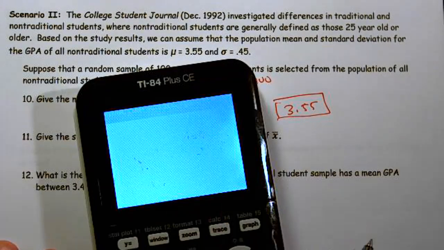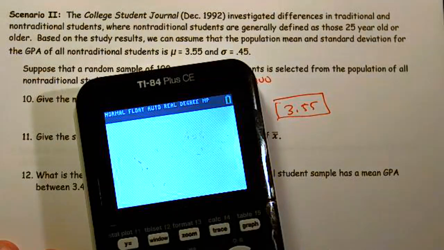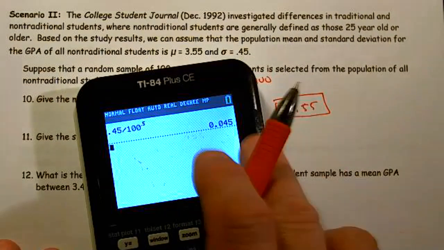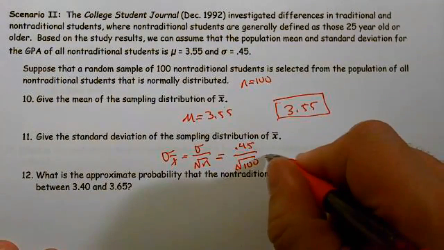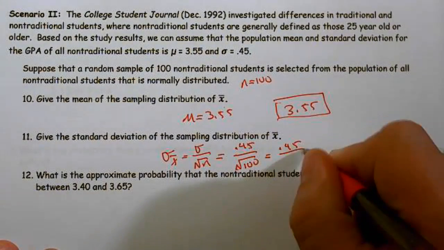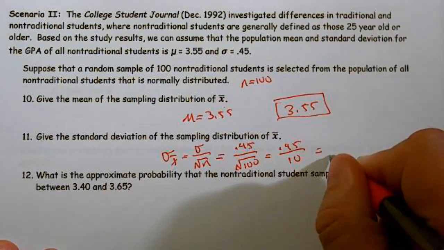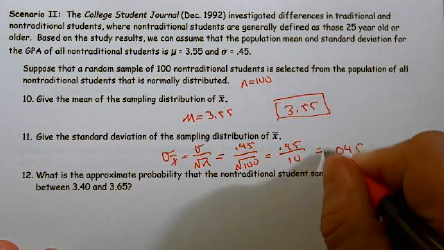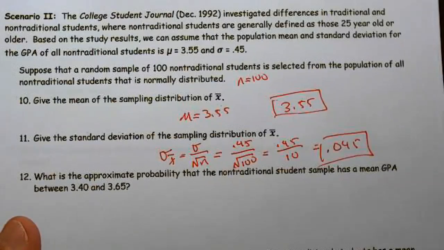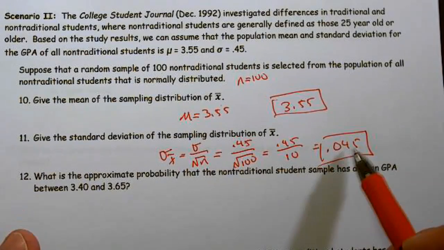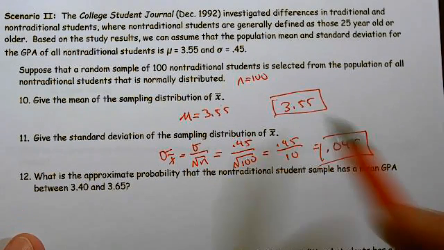When I go to the calculator and take 0.45 divided by the square root of 100, I just do 100 raised to the half power, and I end up getting 0.045. Essentially this is 0.45, the square root of 100 is 10, so I get 0.045, and this is what needs to go into the Google form. It only has 3 decimal places, this one only had 2, so that's the way it'll go in.